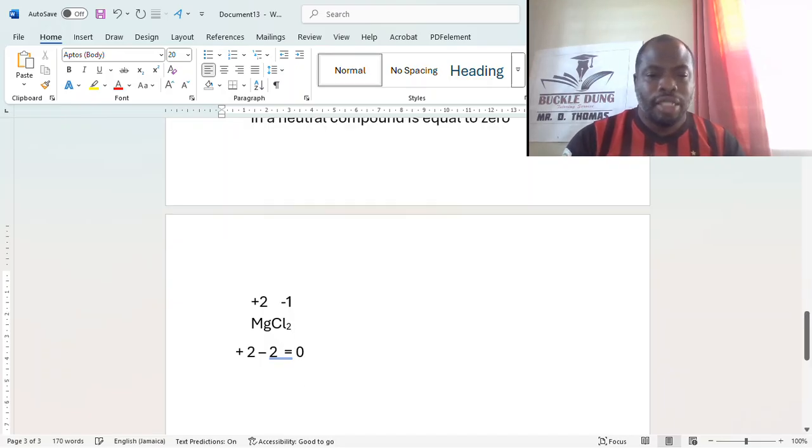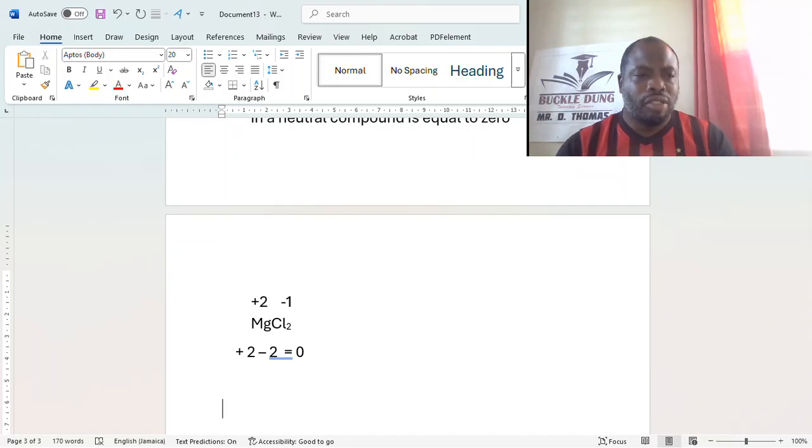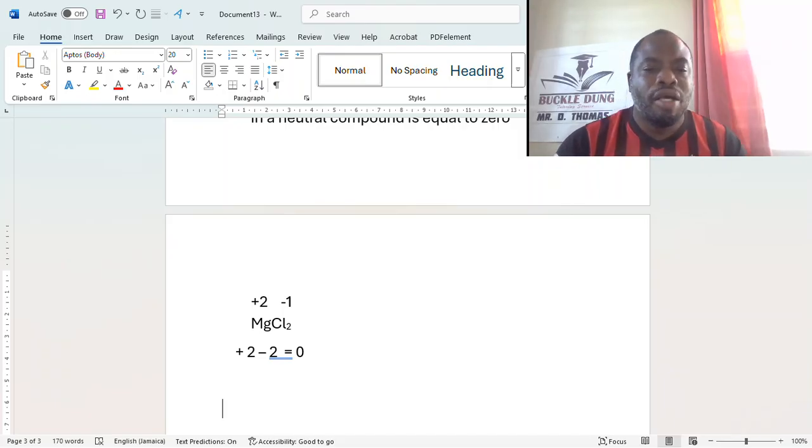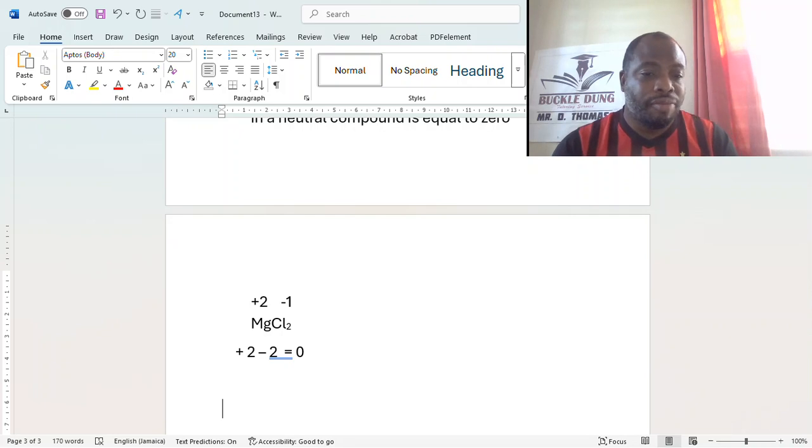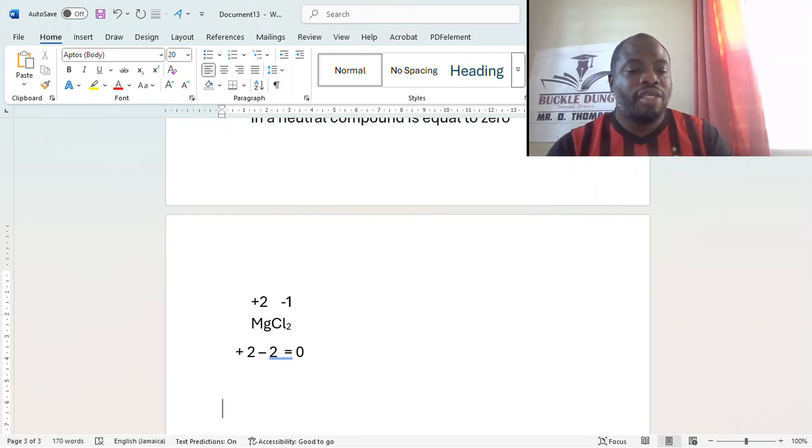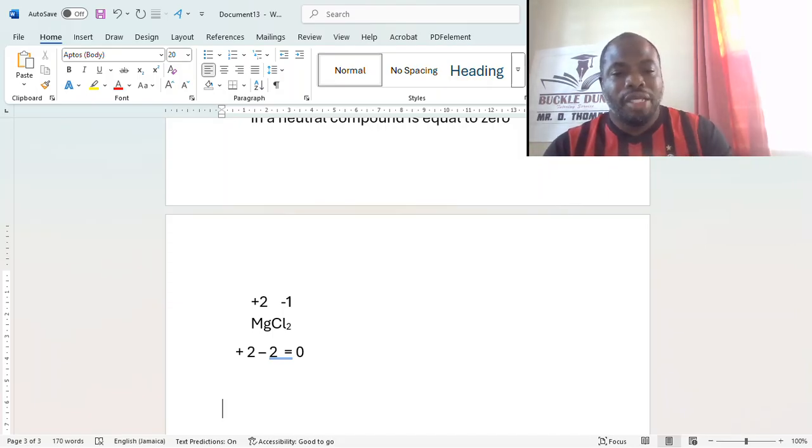So that is it. If you have a neutral compound, and a neutral compound is one where you're not seeing a charge. Because, just like with what is happening in an atom, if you notice, the charges of these two ions, the cation is a +2 and the anion is a -2, and so they're canceling out each other, which brings them to 0.